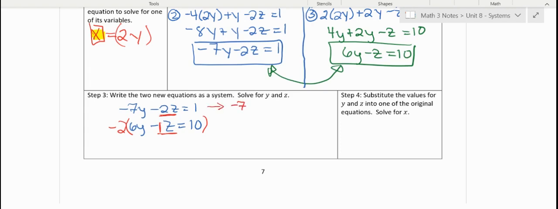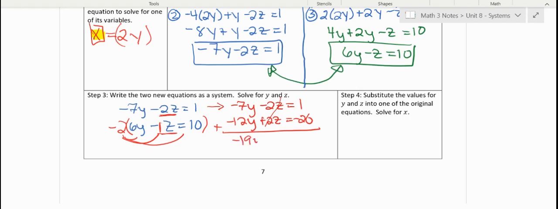So the first one would stay the same. The second one, when I distribute, I would get negative 12y plus 2z equals negative 20. We're going to go ahead and add these straight down. The z's go away. And then when I divide, I'm going to get y to be negative 1, or I'm sorry, positive 1.